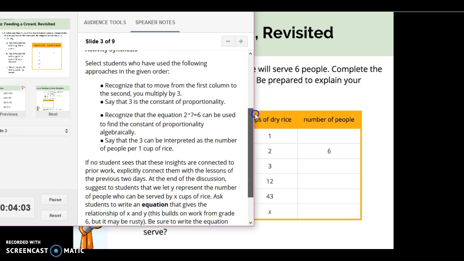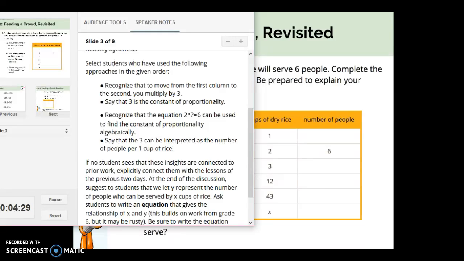So what you want to think about is that when we go from the first column to the second, you multiply by 3. So I want you to go ahead and write that down. When we go from the first column to the second, we multiply by 3. And therefore 3 is our constant of proportionality. This is a real important vocabulary word that we were talking about throughout the week before the dinosaur trip.